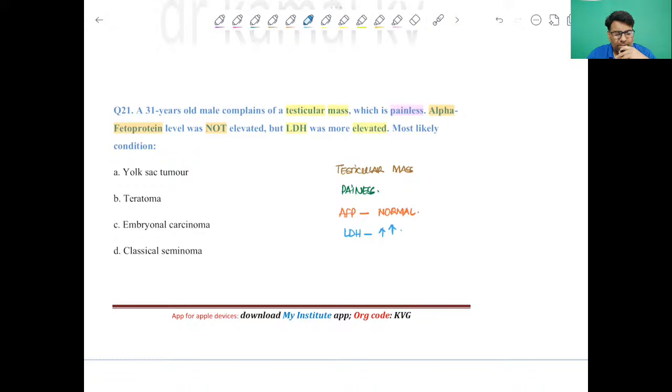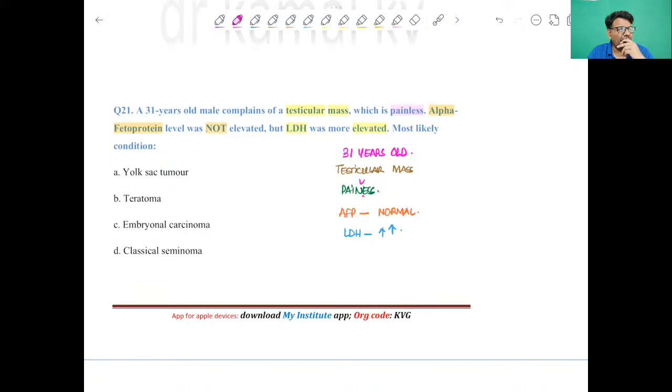And of course the patient is 31 years old. So these are the 5 points given in the case: young male, painless testicular mass, alpha fetoprotein normal, and lactate dehydrogenase is high.